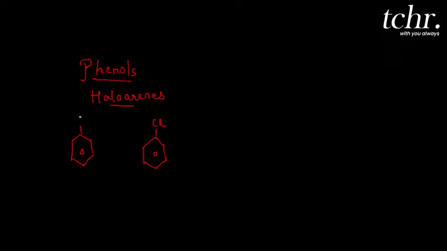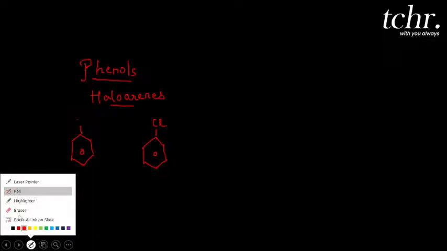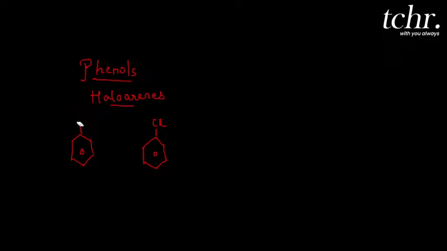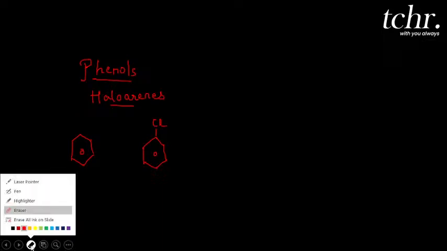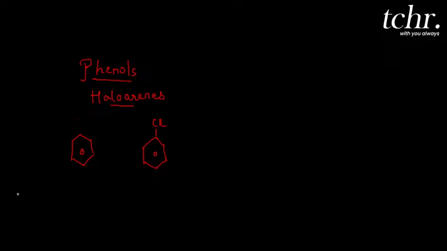Electrophilic substitution, that is halogenation, right? If I perform halogenation, you get haloarenes, correct? Treat the benzene ring with chlorine in the presence of anhydrous aluminium chloride, and what you get will be chlorobenzene.